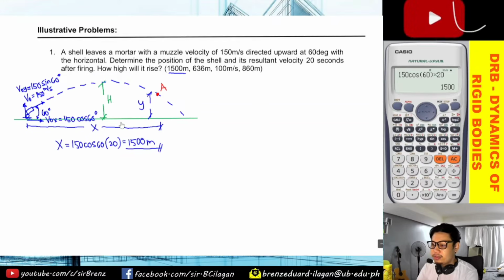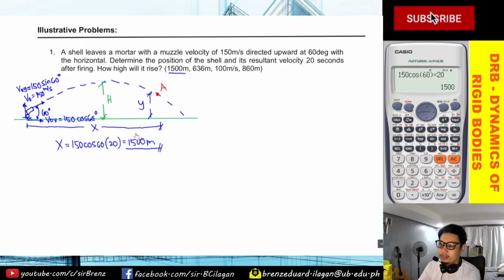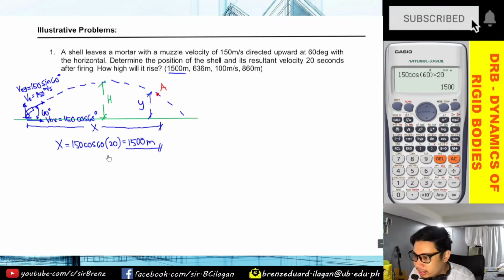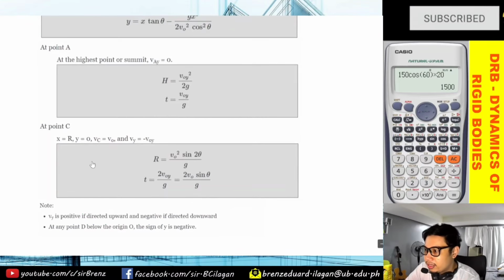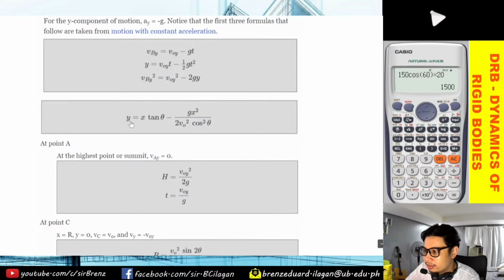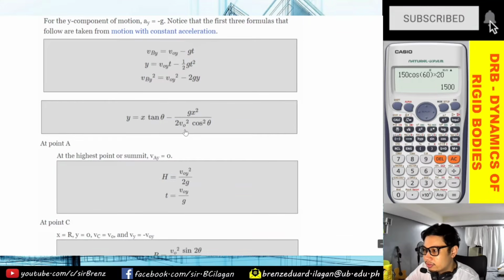Next, how about the position y? Okay. So, for the position y, since meron na tayong value ng x, ang pwede kasi natin gawin dyan is gamitin natin yung derived formula. So, yung derived formula ulit natin na gagamitin is ito. Yung y is equals to x tangent theta minus g x squared over 2 V0 squared cosine squared theta. Pero pakita rin natin using this equation.